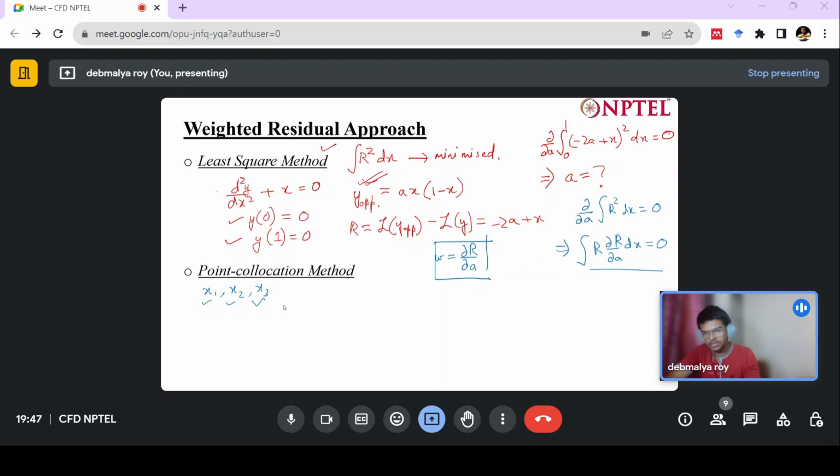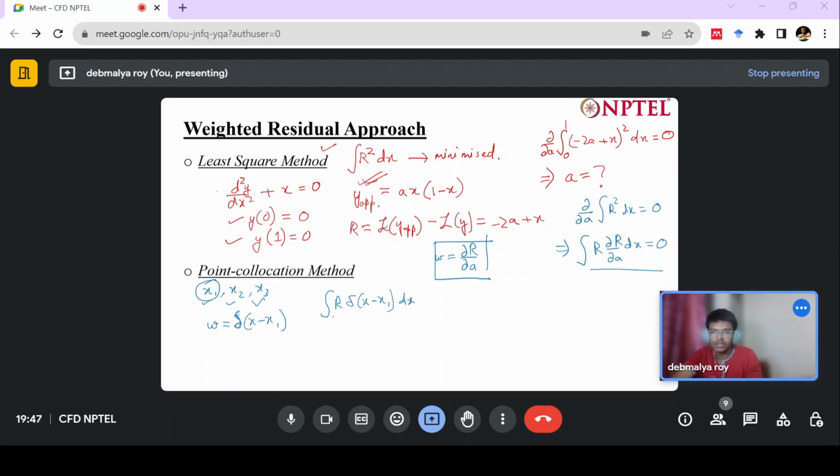So the weighting function that we take is the delta function, delta of x minus x1. Let's say we are talking about point x1, then x minus x1 is our weighting function. What does that lead us to? That leads us to this equation, delta of x minus x1.